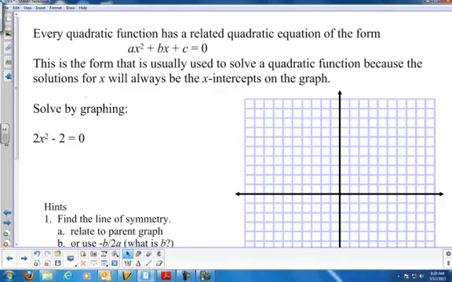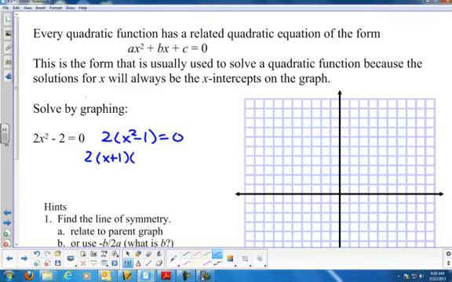So if we, again, are going to solve by graphing, the first step is to factor. And this is the difference of squares, so we can continue to factor. So now I know that my two zeros are at -1 and at 1. Therefore, my vertex is in the middle at 0. If I plug 0 in, I get 2 times 0 squared minus 2.